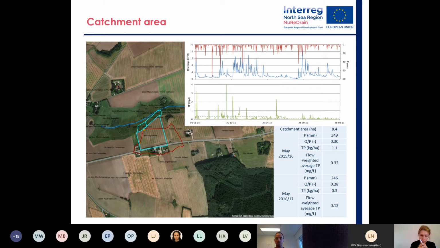The catchment area is an extension of 8.4 hectares, and the table reports some key parameters like precipitation value, the ratio Q/P, total P in kilograms per hectare, and the flow weighted average total P.